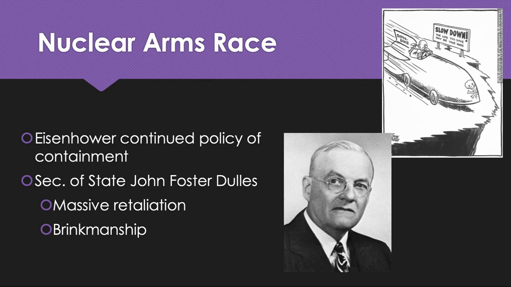Eisenhower, in his presidency, also inherits the policy of containment. Containment being containing the threat of communism, the spread of communism, kind of at all costs. Now, Eisenhower's Secretary of State is going to be John Foster Dulles. Dulles is going to be a staunch anti-communist, and there is no gray area for him.